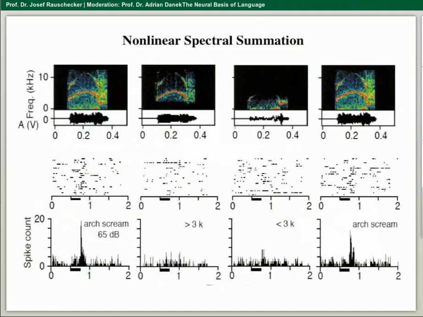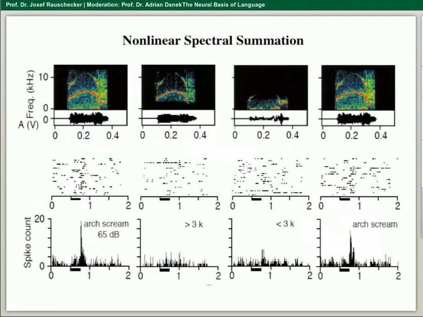So we have the monkey call here and play it to the neuron, and the neuron responds with a beautiful response, a huge peak. This is the noise of the neuron firing when you don't give it a sound of any kind. Then we filter the call in different ways.